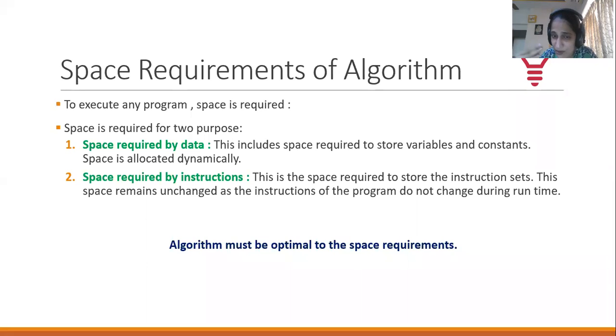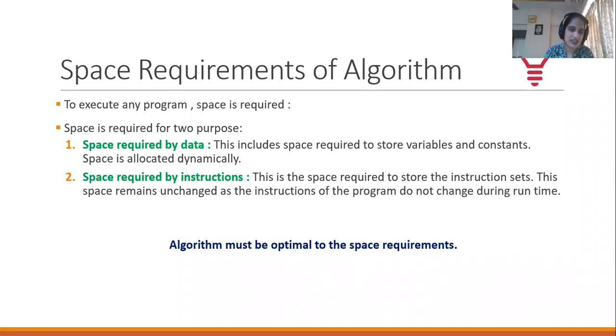Talking about the simpler algorithm that we discussed just a few minutes back, there are two numbers and we have to add them. What we saw is that n1 and n2 are nothing but acting as data. So I will need a space wherein those variables could be stored, and of course it will be dynamic, because if today it is n1 and n2, tomorrow there could be n1, n2 and n3.